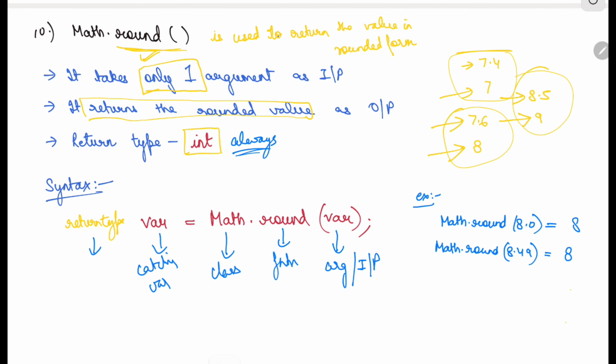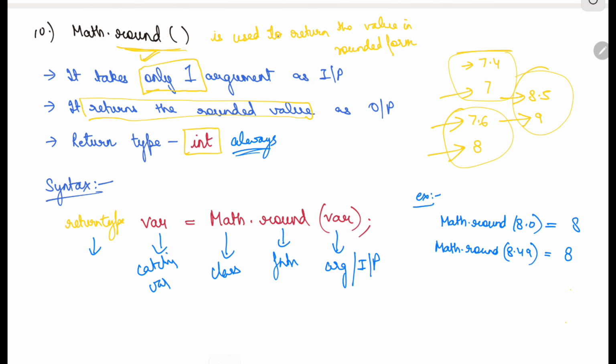You just have to mention the class Math dot function name, that is random, open and close brackets, and you will get an output as any random number between 0 to 1, and it will always be in double type. मतलब ये fractional value return करता है. So input इसमें क्या होता है? No input. You have to pass no argument. You see this is blank. There is no argument as input.